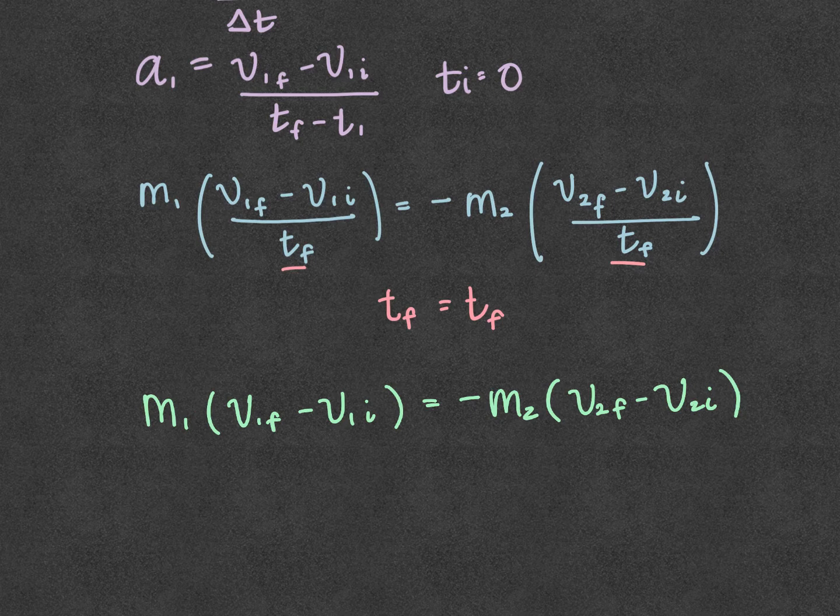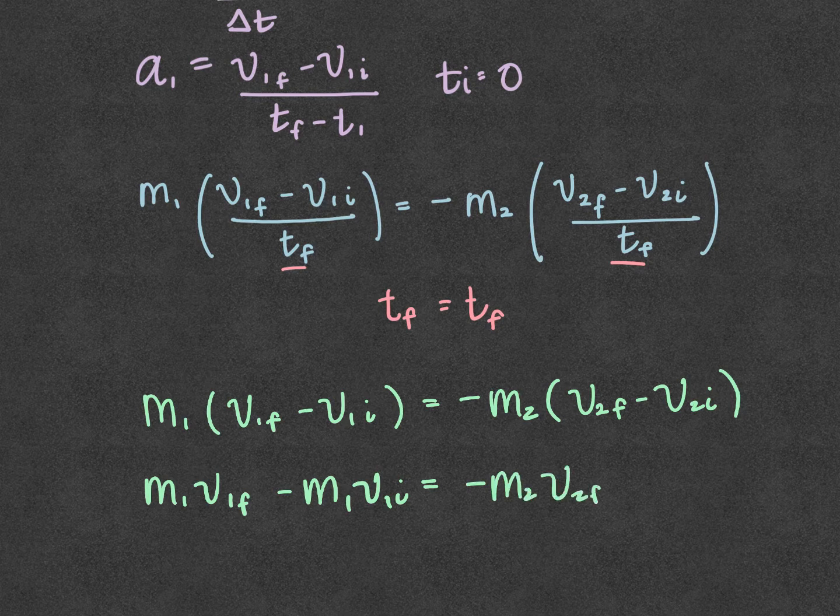So let's distribute our mass. So this would be m1 v1 final minus m1 v1 initial is equal to negative m2 v2 final plus, remember to distribute the negative sign in there, plus m2 v2 initial.